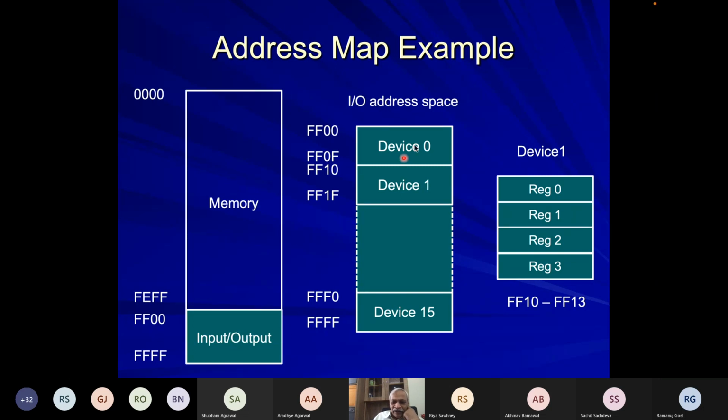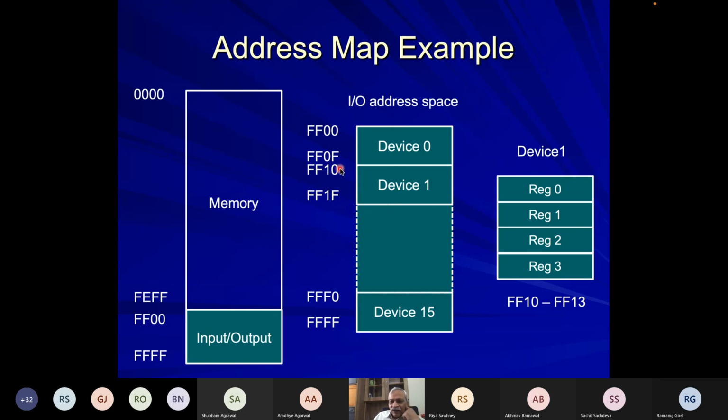I've expanded that here in this middle part. Some range of addresses is assigned to each device. Let us say I have 16 devices, device 0 to device 15, and I assign 16 addresses to each of these. So FF00 to FF0F is device 0. FF10 to FF1F is device 1, and so on.